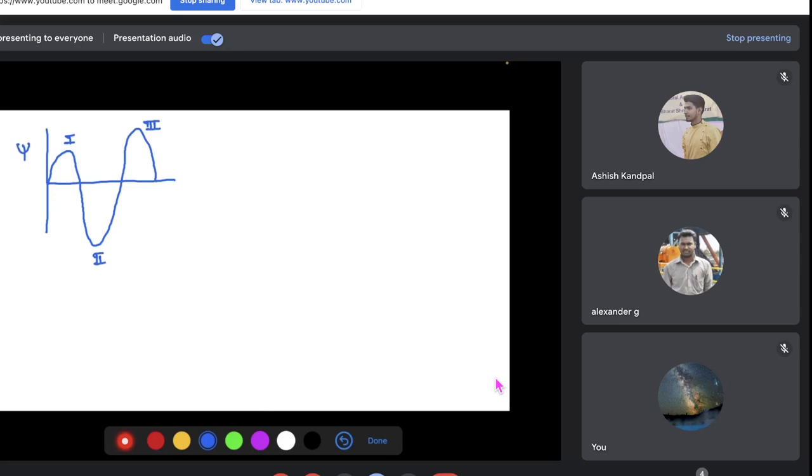Remember that the probability we were asked about in the question, if I draw that plot, will be mod of psi square. Because it is a psi square, there will be no value in the negative region. So my first plot will be like this.